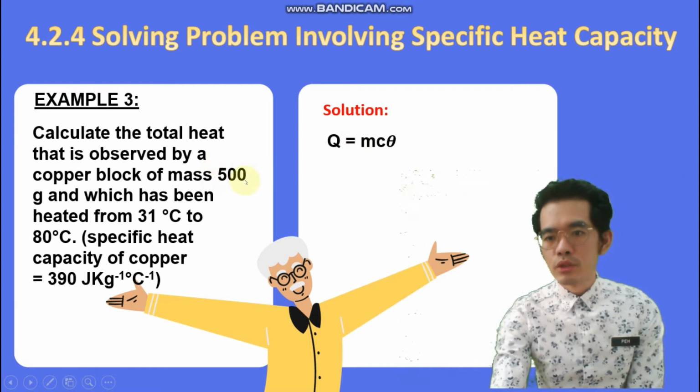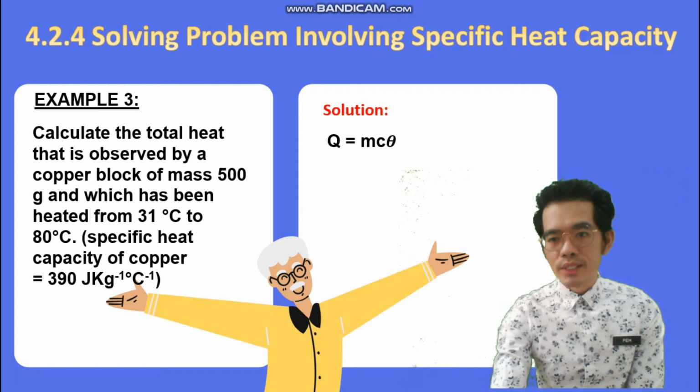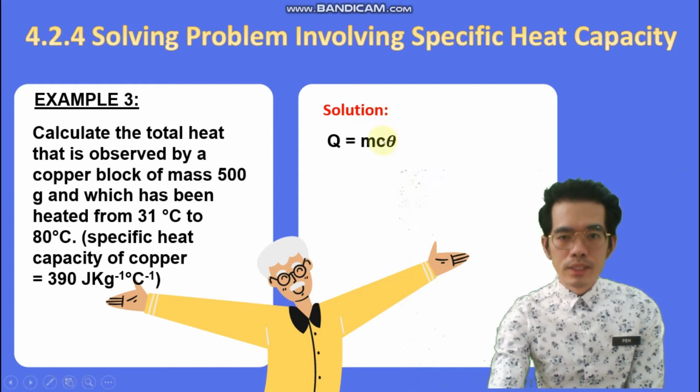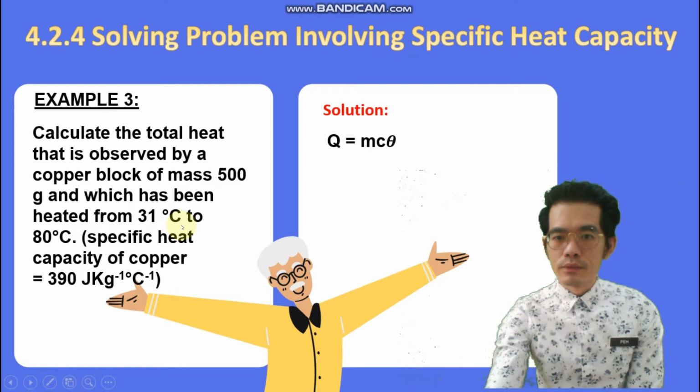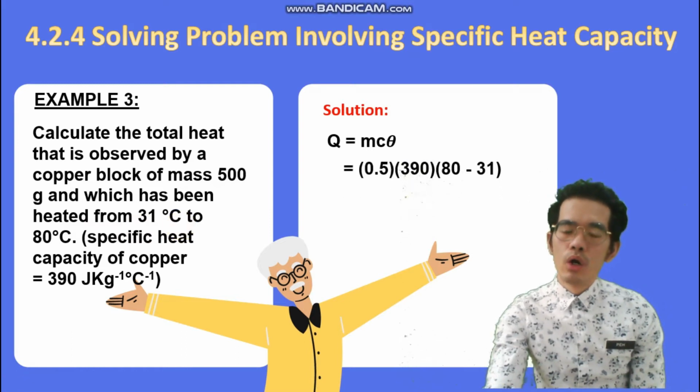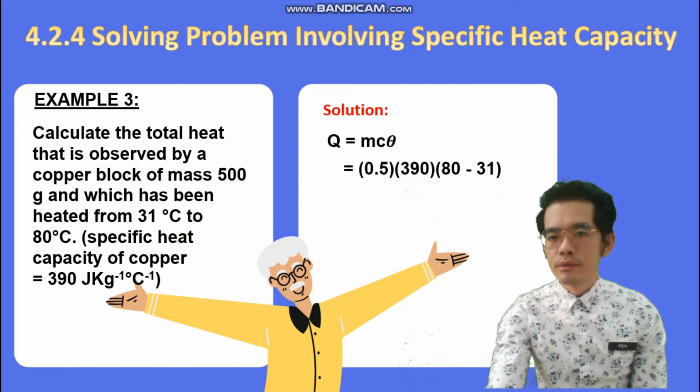You need to change to the SI unit kg, so it will be 0.5 kg. And the C is given and the temperature change will be 80 minus 31. So we substitute all the values and using a calculator you may get 9555 joule.